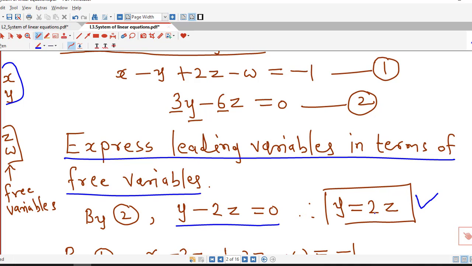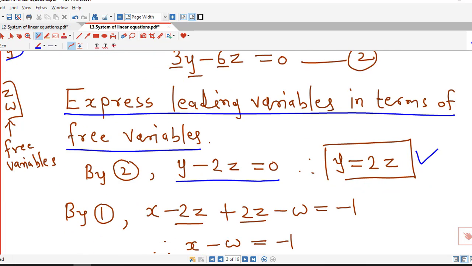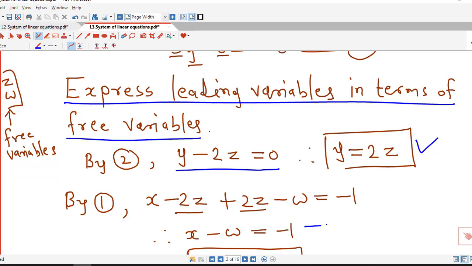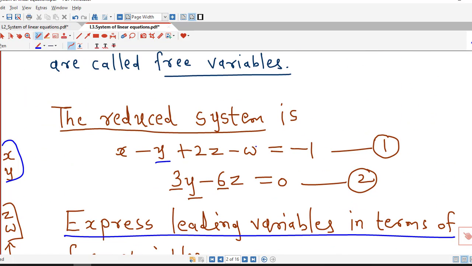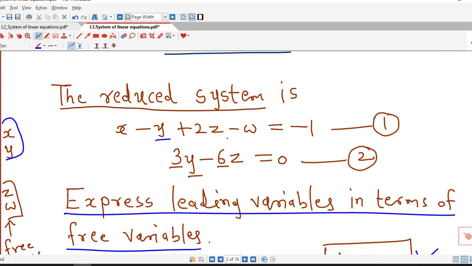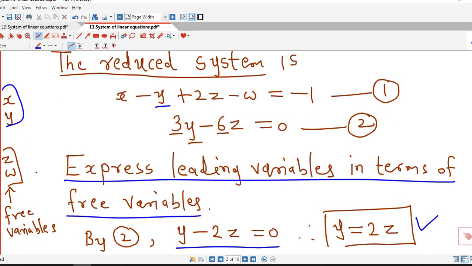So first we express y in terms of z. Then we put the value of y in equation 1. So we obtain this equation, x minus w equal to minus 1. And then we express the leading variable x in terms of the free variable. So after writing the system corresponding to row echelon form, we have to express leading variables in terms of free variables.